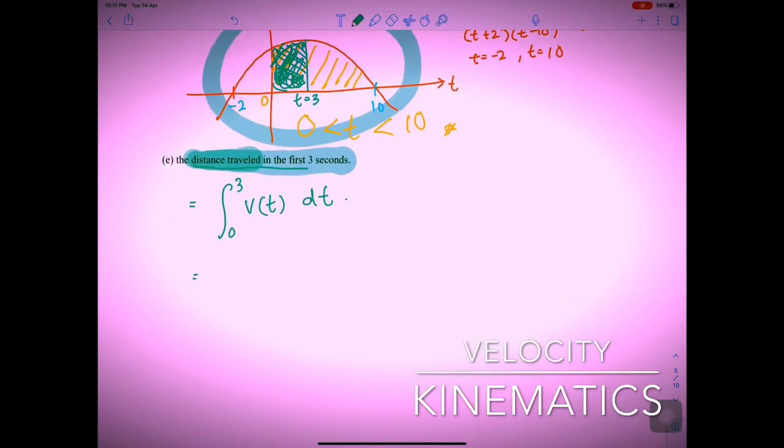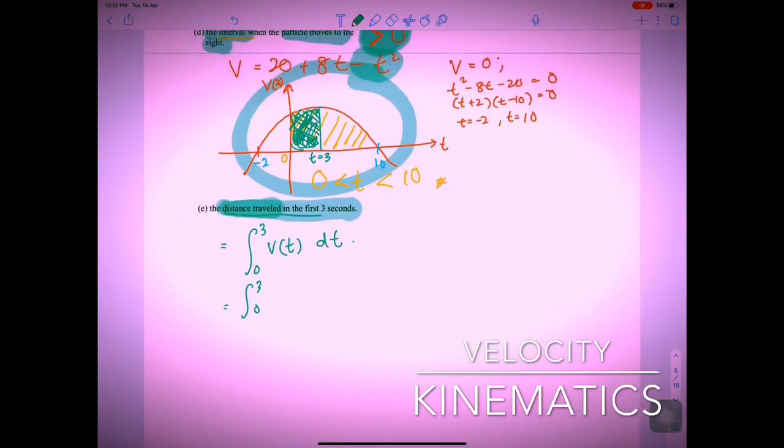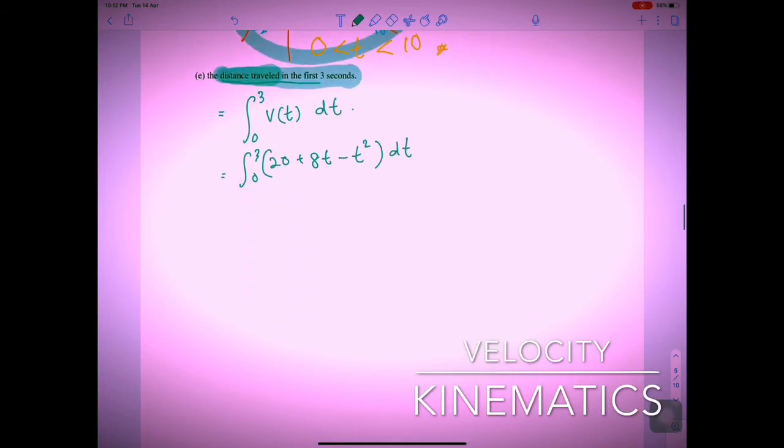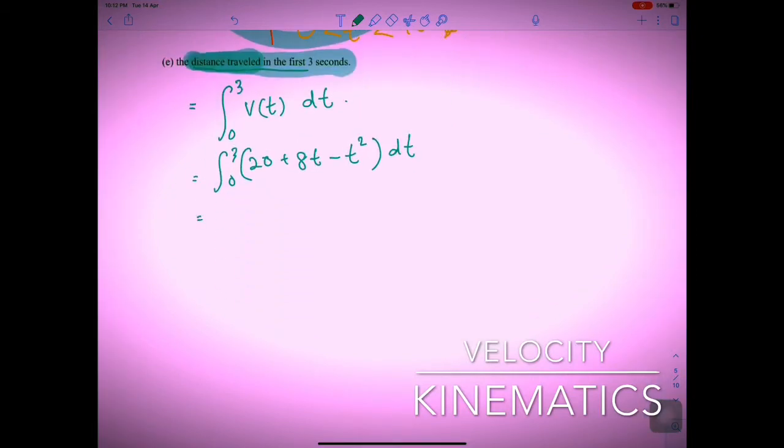So the distance equals the integral from 0 to 3 of 20 plus 8t minus t squared dt. Integrate: 20t plus 8t squared over 2 minus t to the power of 3 over 3.